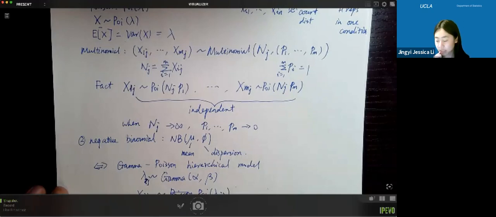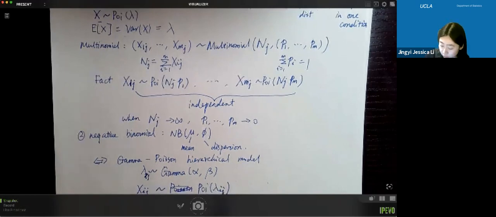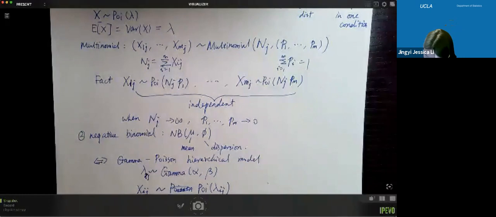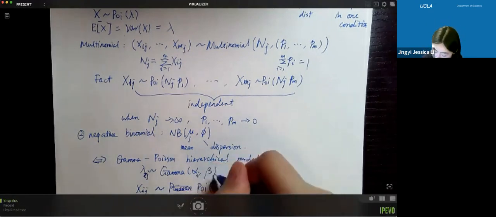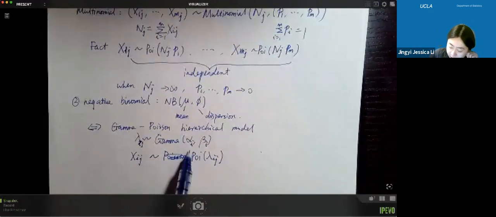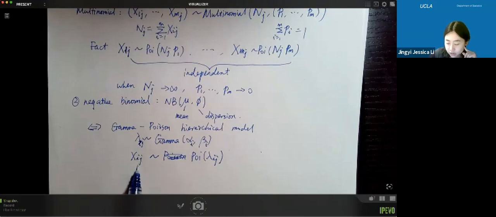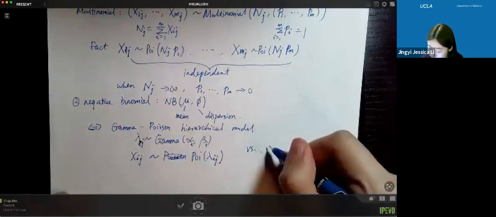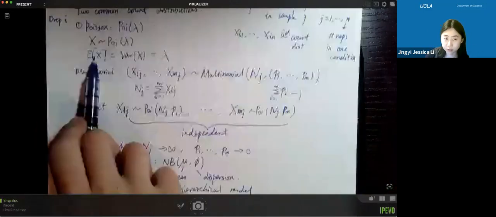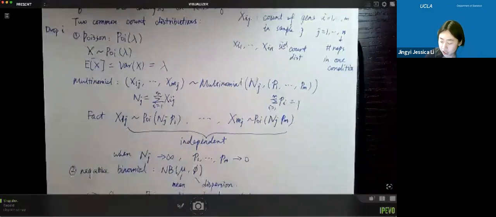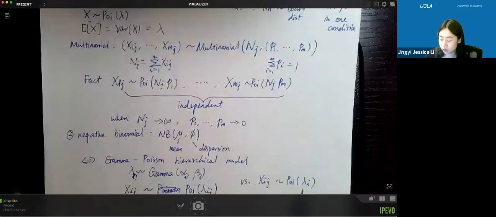So what does this mean? I'm trying to make this clear: for each count Xij, gene i in sample j, its Poisson mean is not just dependent on gene i. Let me compare these two models. In the model I used above, for gene i we just consider the randomness to be in the sample, and every gene has its own Poisson mean, lambda i.